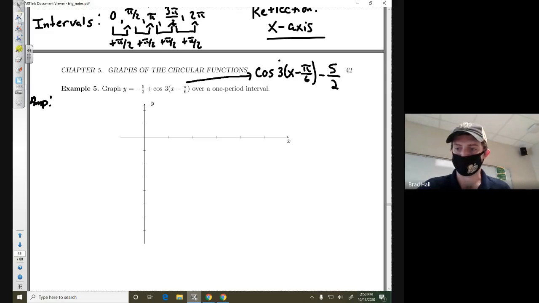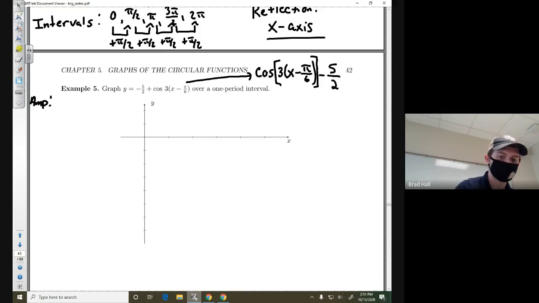So really, we can write it like this, because I like to enclose what's in the cosine. So the amplitude, once we slightly rewrite everything, it's clear to see that the amplitude is 1. Technically absolute value of 1, which is 1.